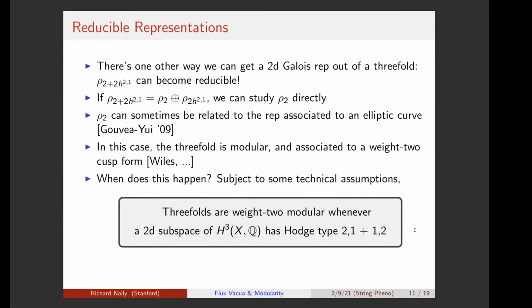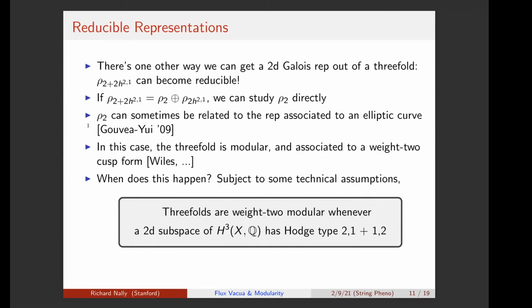Now there is another way to get a 2D Galois rep out of a threefold with h21 not equal to 0. This big Galois rep can become reducible. And in particular, if it decomposes into the sum of a two-dimensional piece and a 2h21 dimensional piece, we can focus our attention on the two-dimensional piece and study it directly. And sometimes rho 2 can be related to the representation associated to an elliptic curve.